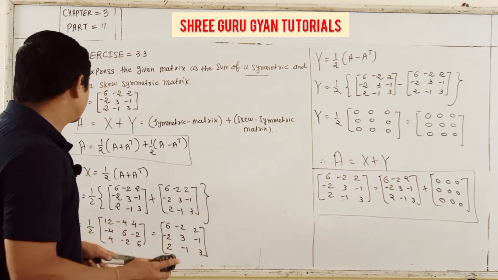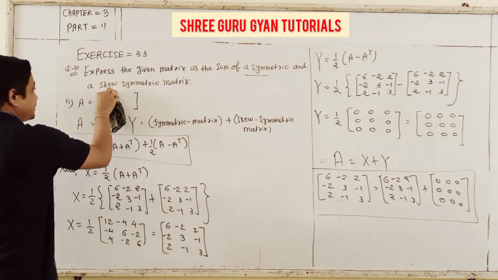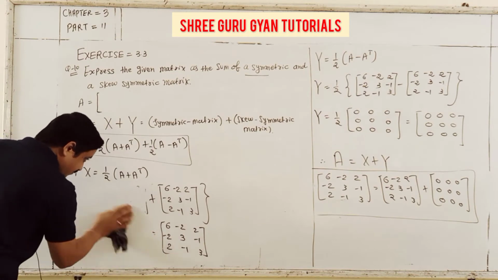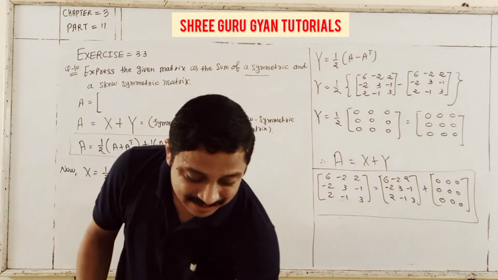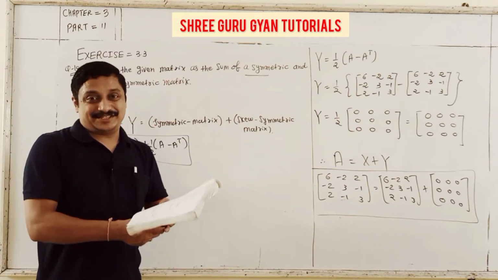Now moving to the next question, the third one. Only the elements are changed, students, otherwise this solution is the same. You write down the same process, this representation as a sum of symmetric and skew symmetric.